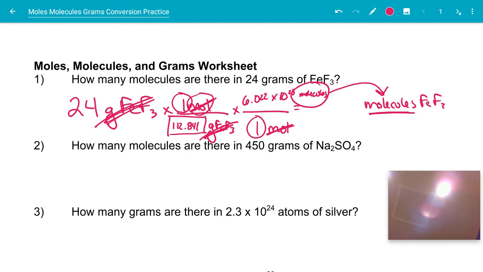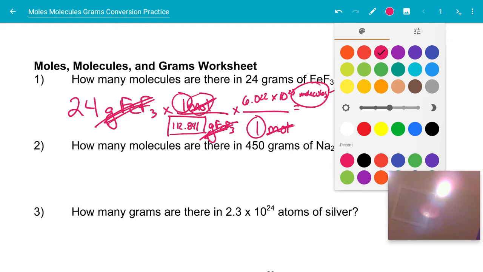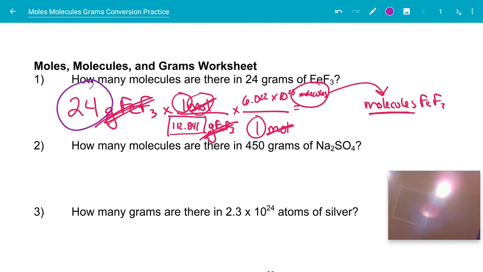So now I'm going to switch colors here really quickly so you can see what I'm doing. I'm going to do 24 times 1 times 6.02 times 10 to the 23rd. And then I'm going to put in parentheses, I'm going to divide by, and parentheses, 112.841 times 1. Now, that was all 1, so it's not a big deal.